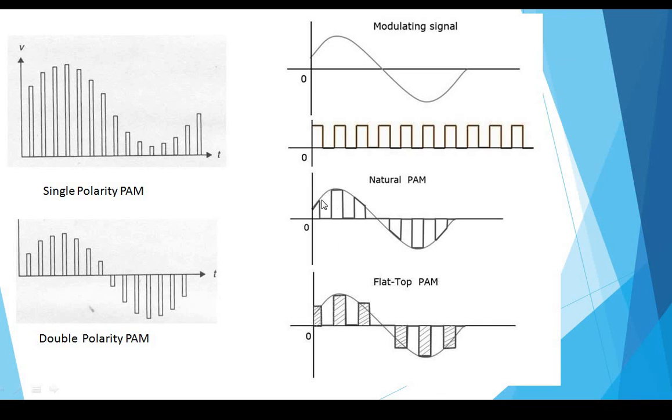In natural sampling, the carrier signal's amplitude varies in accordance with the message. When you transmit this data, there will be some noise or distortion added through the channel. When you pass the modulated signal through a channel, noise is added, and that noise is also added at this particular carrier amplitude. So the message signal, the carrier signal and the noise are all sent together.